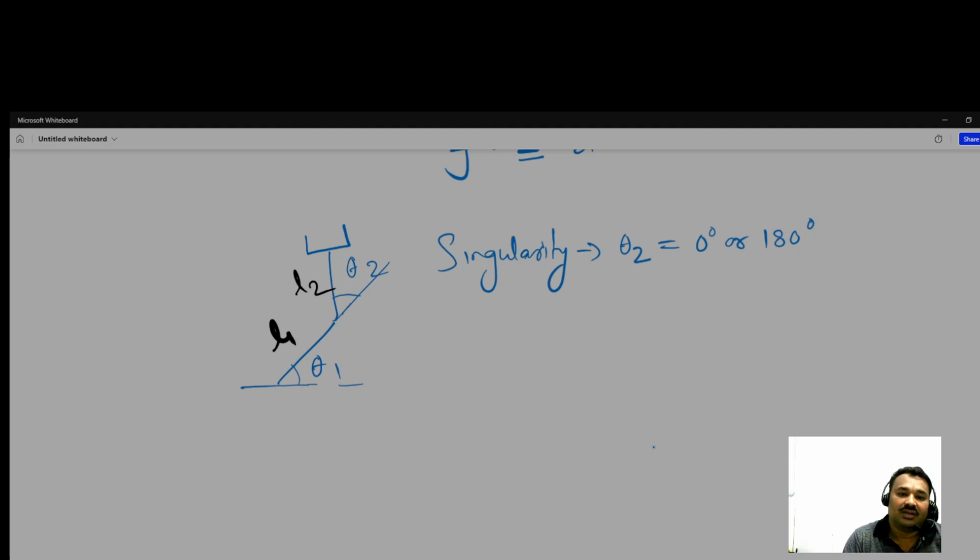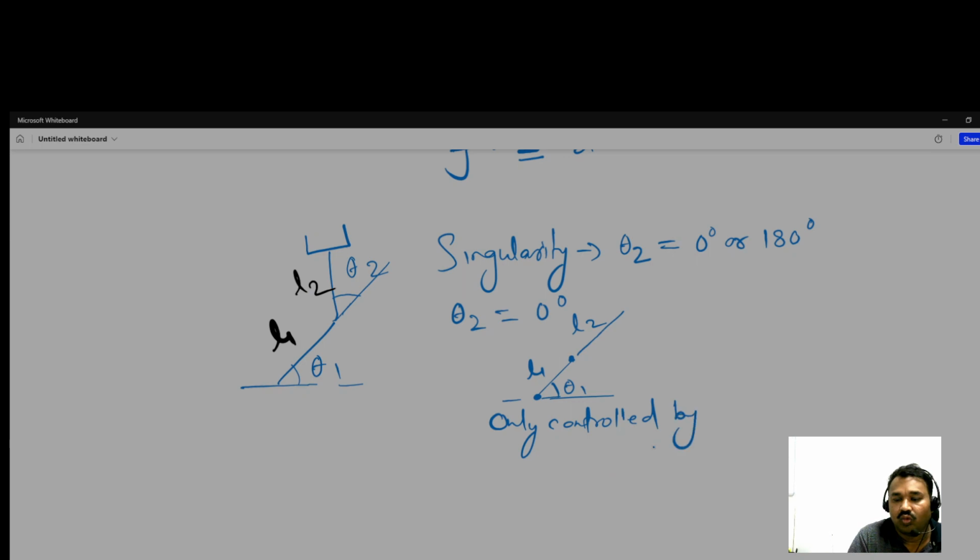Okay, suppose for this robot theta 2 is equal to 0 degree, then it becomes this one. This is joint 1, theta 1, and this is theta 2, which means theta 2 has become 0. So you can see L1 and L2 come into the same axis. It means it is now controlled by only theta 1, only one motor. Only controlled by one joint.